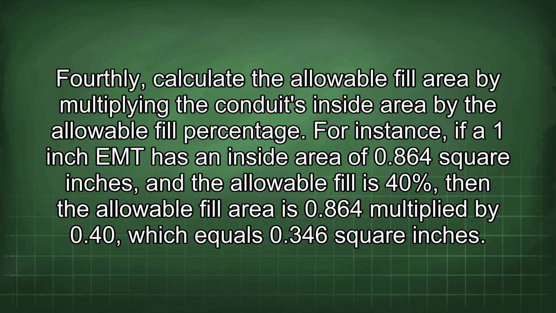Fourthly, calculate the allowable fill area by multiplying the conduit's inside area by the allowable fill percentage. For instance, if a 1-inch EMT has an inside area of 0.864 square inches, and the allowable fill is 40%, then the allowable fill area is 0.864 multiplied by 0.40, which equals 0.346 square inches.